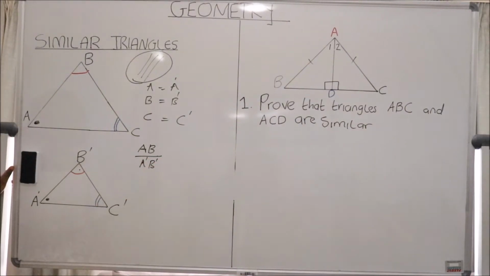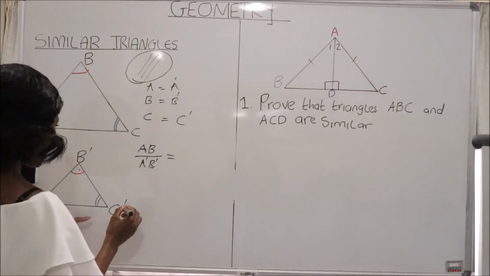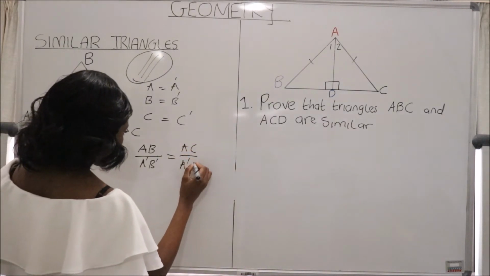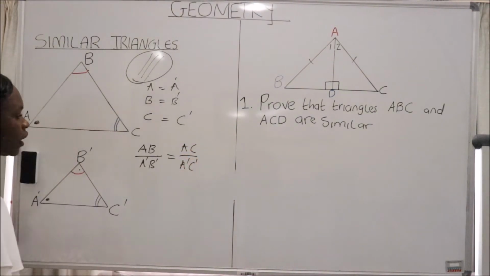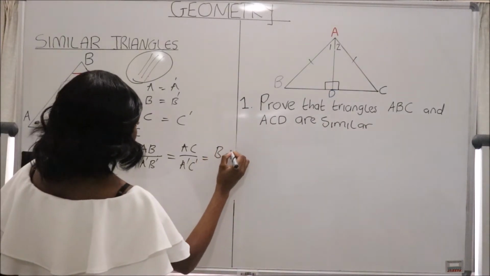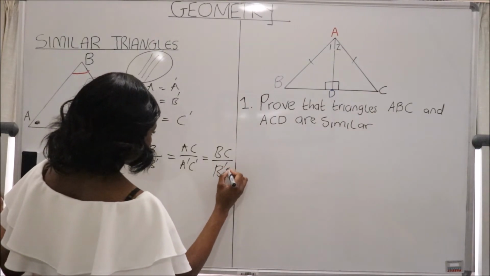So that one is proved. Then the ratio is the same as AC divided by A prime C prime. So those two are just showing the ratio. And also with the third one, it will be BC divided by B prime C prime.